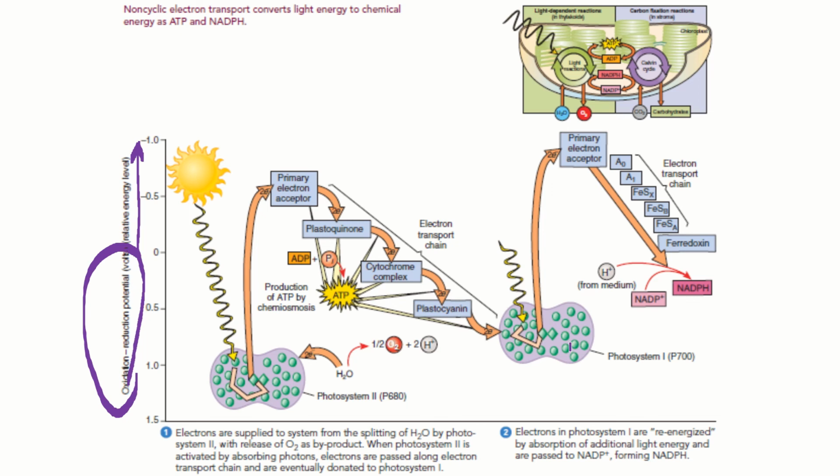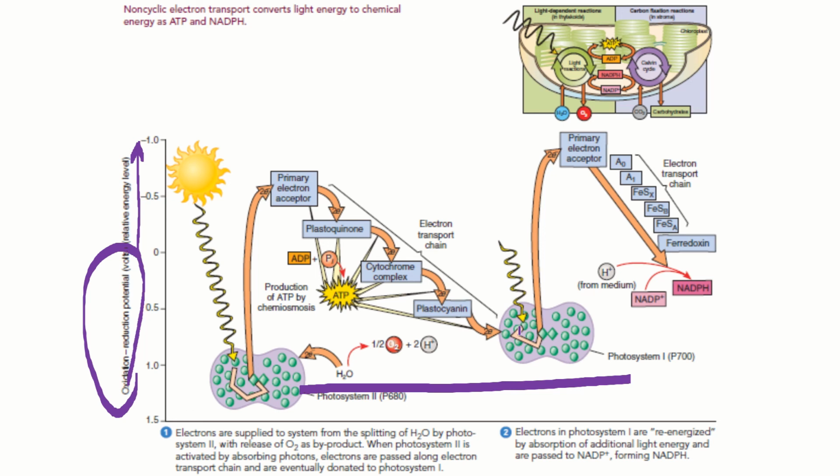Remember, in the non-cyclic pathway, both the photosystems are participating. Look here, which one is at a higher oxidation reduction potential, photosystem 2 or photosystem 1? Just make a comparison. And the electron is reaching only up to photosystem 1.